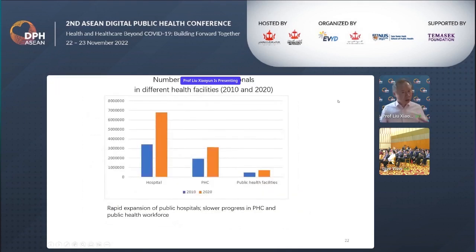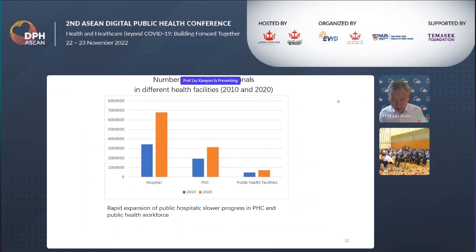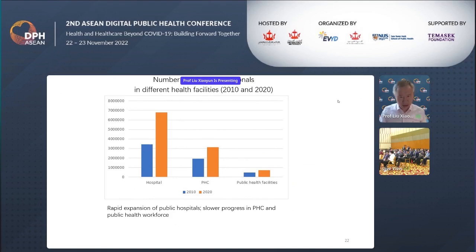Although we see a large increase in the health workers, if we look at the structure of health professionals, we see the majority of the increase occurred in hospitals and less in primary care facilities and even less in public health facilities, which implies that we need to further strengthen the primary care system and the public health facilities.